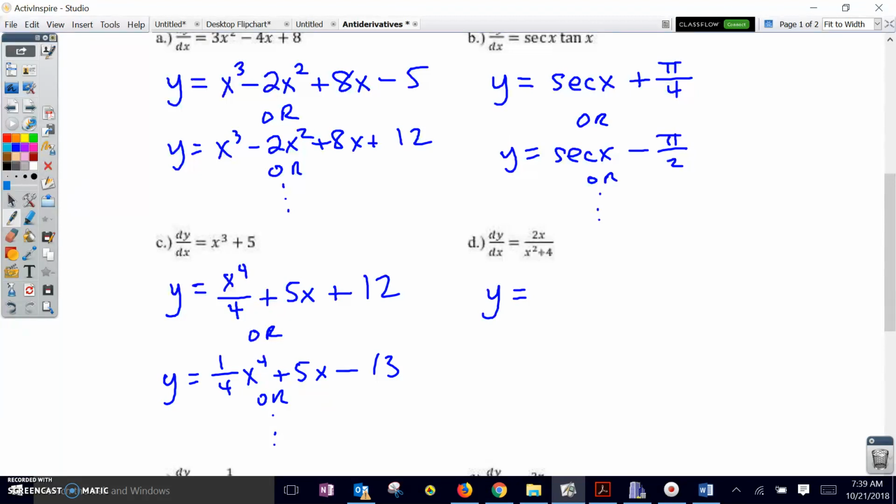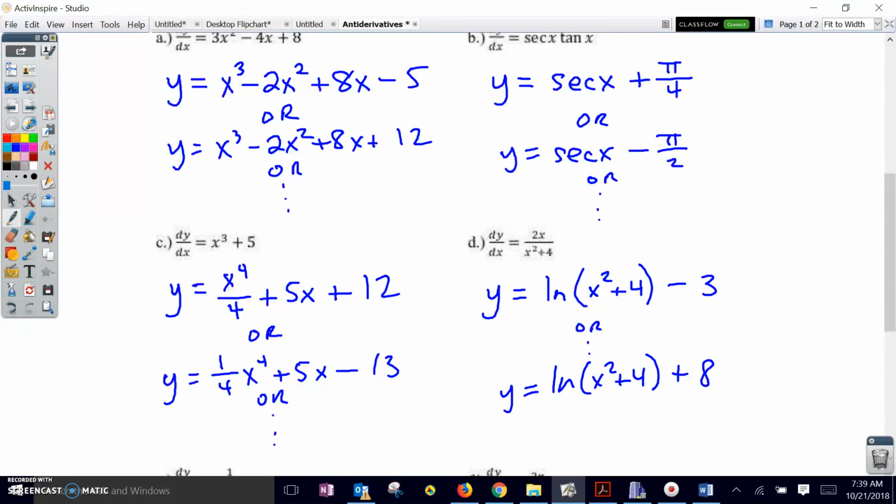If I take natural log of the quantity x squared plus 4, the derivative of that is 1 over x squared plus 4 times the derivative of the inside. The derivative of the inside is 2x, and so we get 2x over x squared plus 4. And that is our basic antiderivative. And again, like I said, we can have any constant appended on the end there that we want.